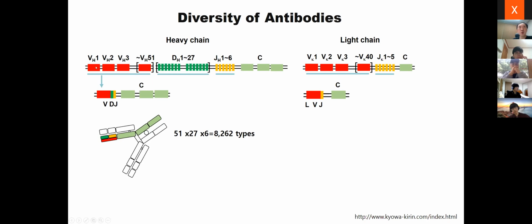They just choose one V, one D, and one J, and they make these combinations. The combined one is one part of this heavy chain. The number of different combinations is 51 multiplied by 27 multiplied by 6, and altogether this gives you about 8,000 different combinations.